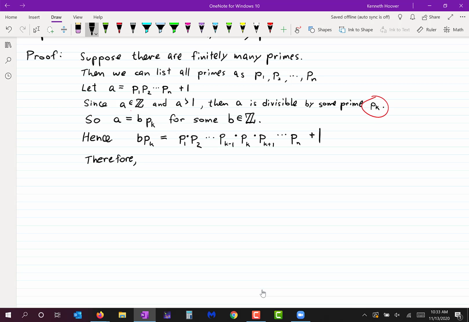If we divide the left by pk, we get b. If we divide the right by pk, then first of all, that will cancel. And we will have p1 times p2, so on, pk minus 1, and then the next one would be pk plus 1, and then so on, up to pn.